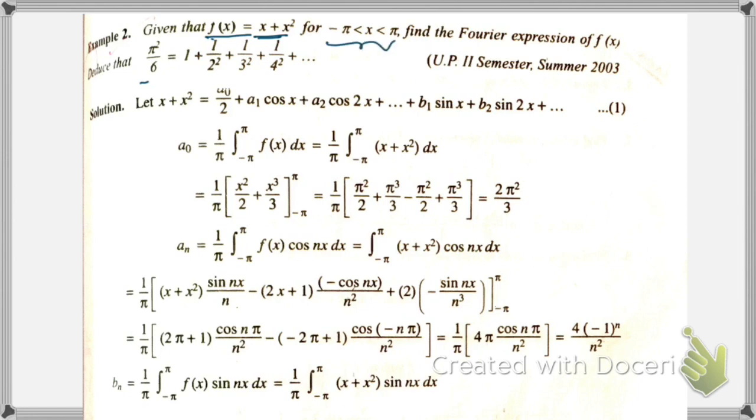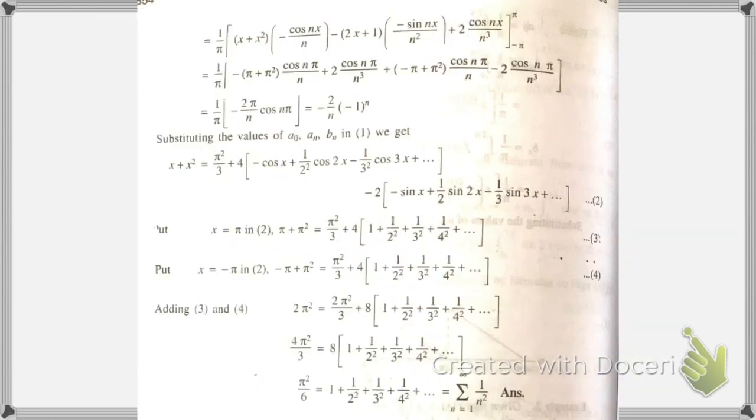If you express it in the form of Fourier series, then you can prove this, right. So this is the solution. I'm not going to explain here, I am just giving you the solution. This is only a 1 mark question, that's why I'm not explaining this.